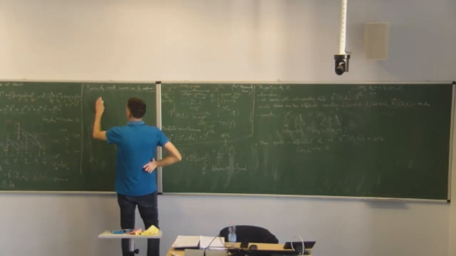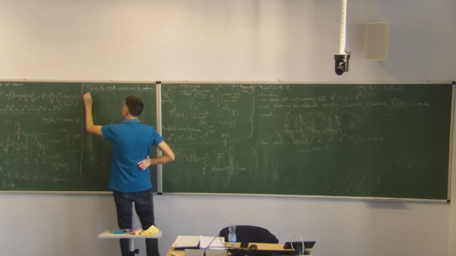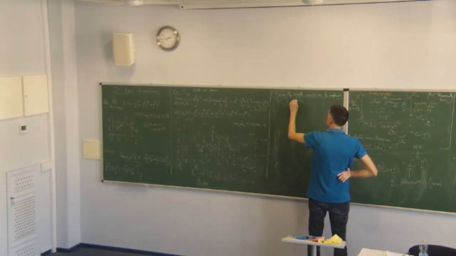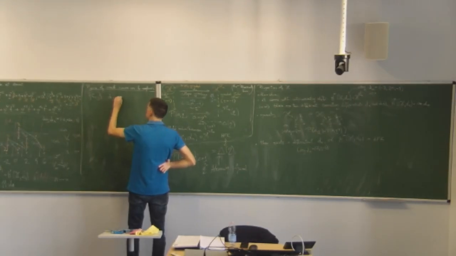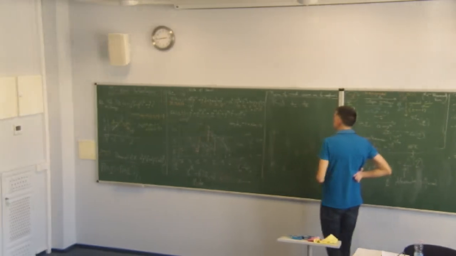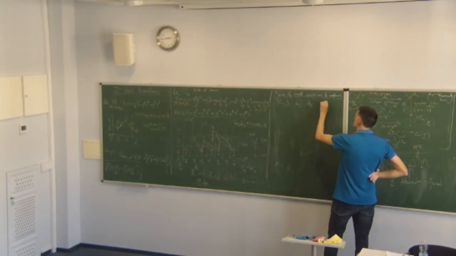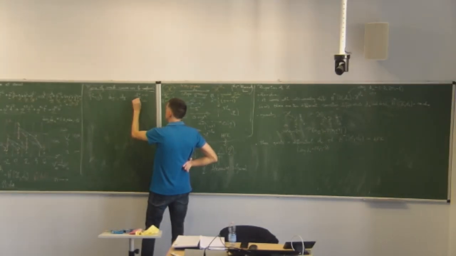Bicomplexes are complexes where you have some C_ij with differentials in two directions. Usually there are D1 and D2. Each of them squares to 0 and they anti-commute.